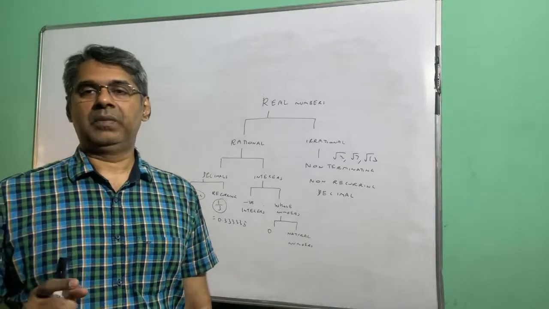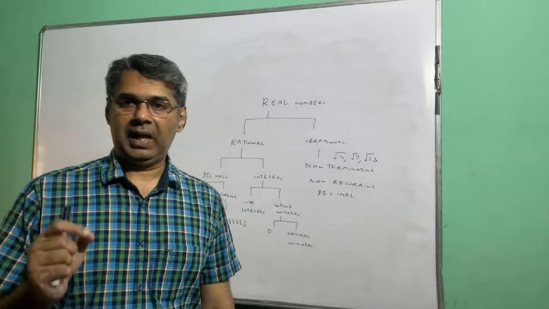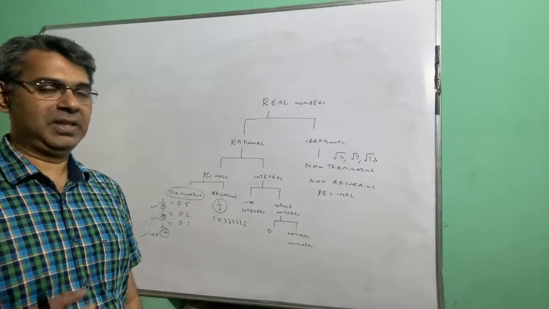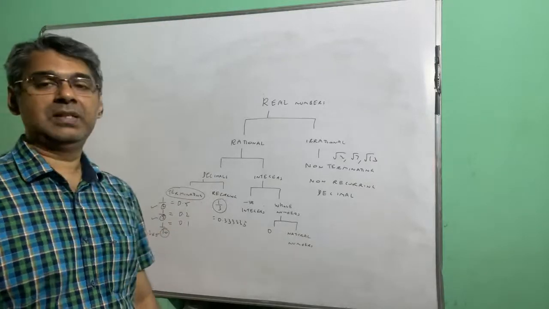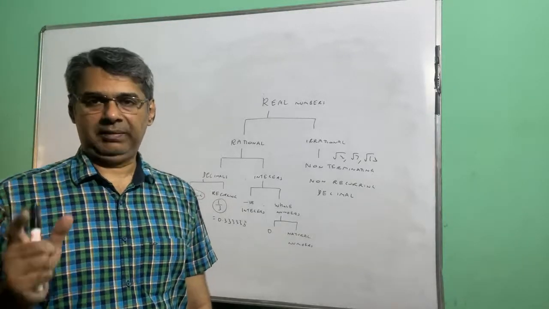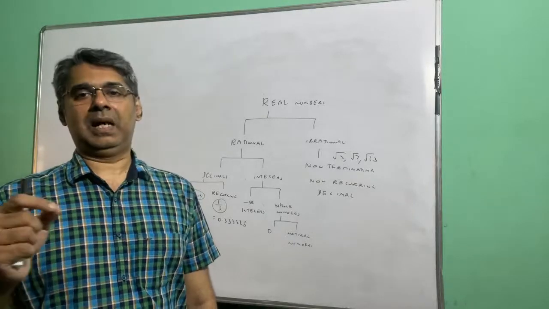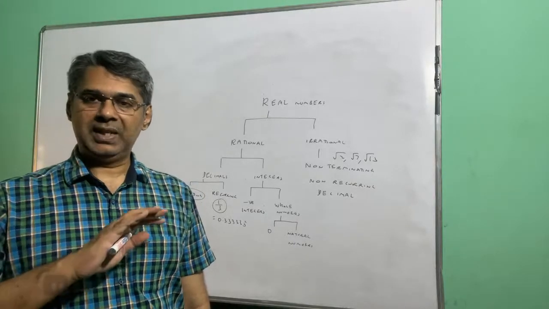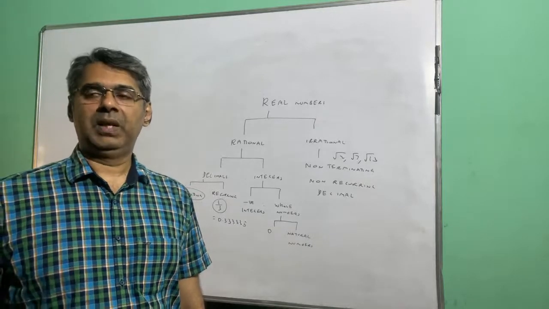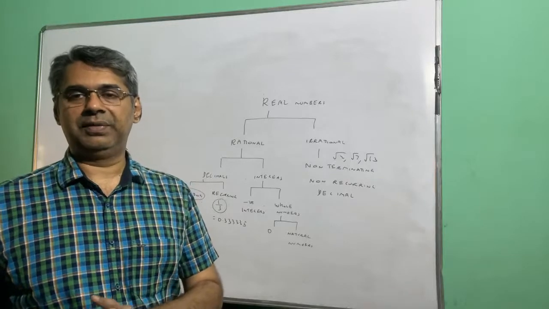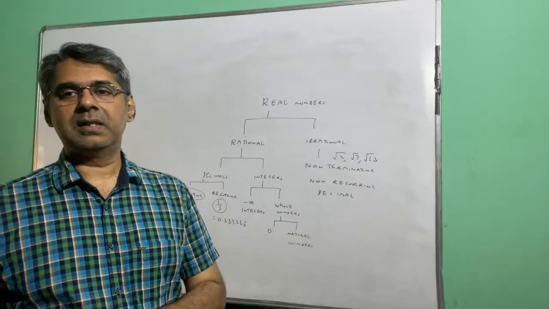So remember, if I give you a fraction and ask you, without actually telling me the answer of the fraction in decimal, can you tell me is it terminating or not? Just prime factorize it. See if the prime factors are any number other than 2 or 5. You say that it is recurring. If the prime factors are 2, 5 or a mixture of 2 and 5, then you say that it is terminating.